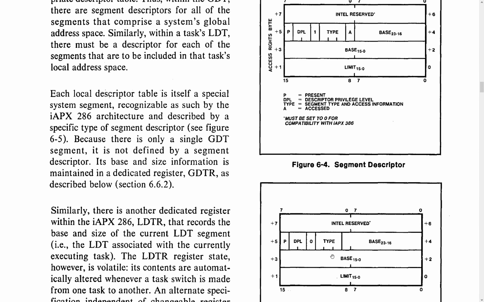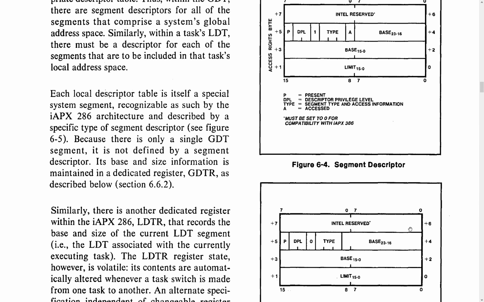Now, one of the general rules is that you can only use a selector if its requested privilege level is the same as the descriptor privilege level associated with the descriptor corresponding to this selector. There are some exceptions to this rule, otherwise it would not make sense to keep this value in two different places.